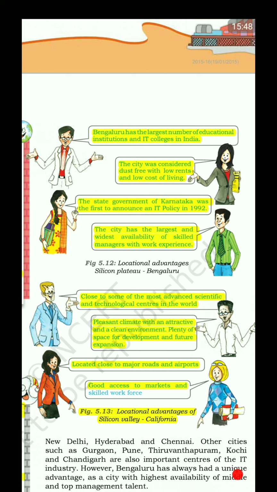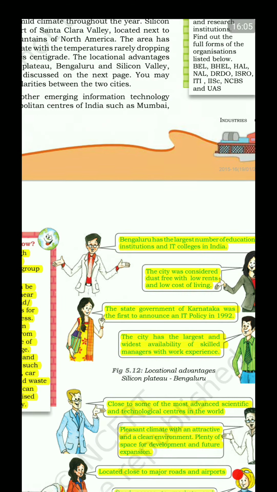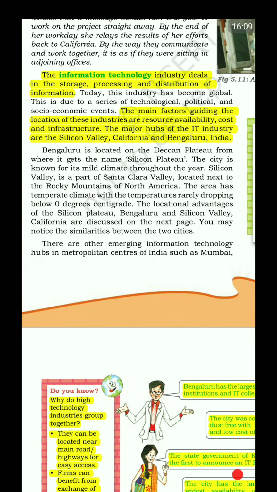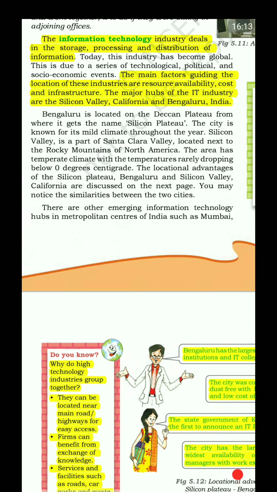So skilled workforce in Bangalore and in Silicon Valley, close to major roads. Bangalore is also well connected to major roads and airports, and has a pleasant climate for growth, and the most advanced technological centers and number of educational institutes in IT ensure the cheap availability of labor.